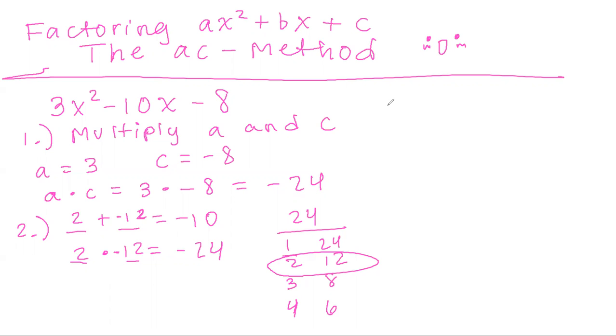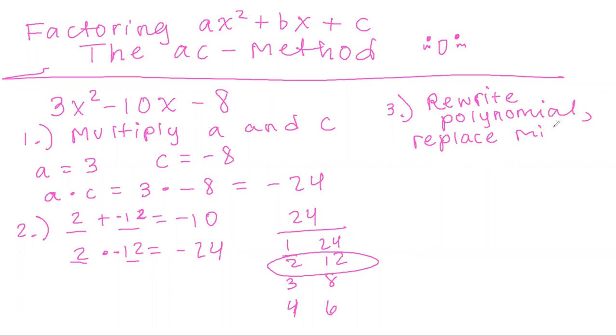So here I'm going to rewrite the polynomial, or quadratic, or whatever you want to call it, honestly. And I'm going to replace the middle term with the two numbers.